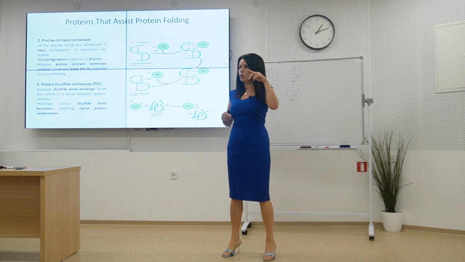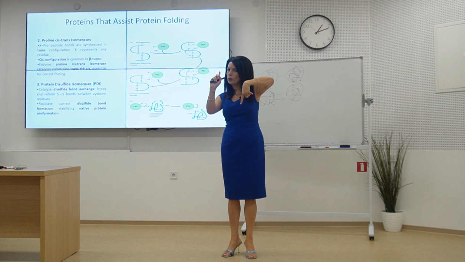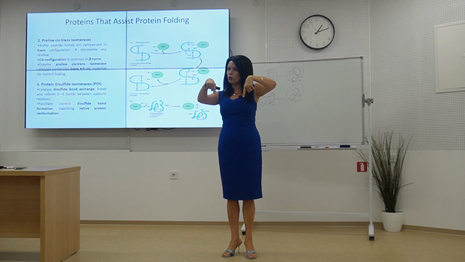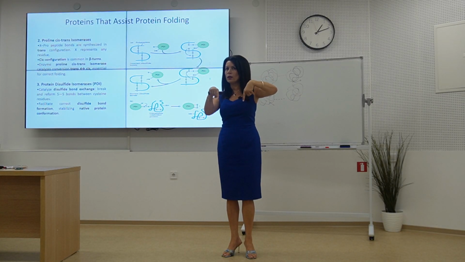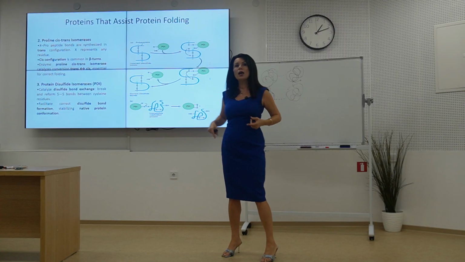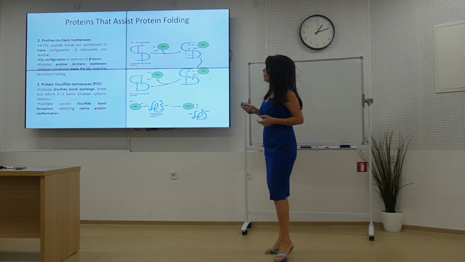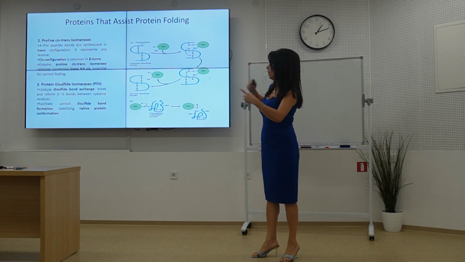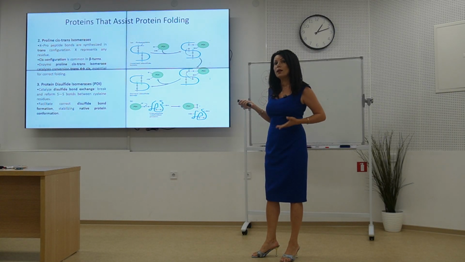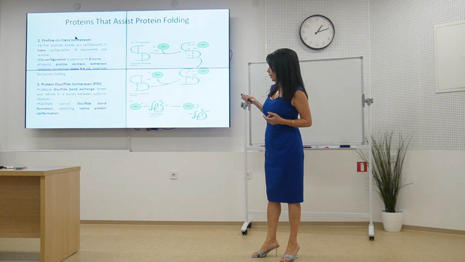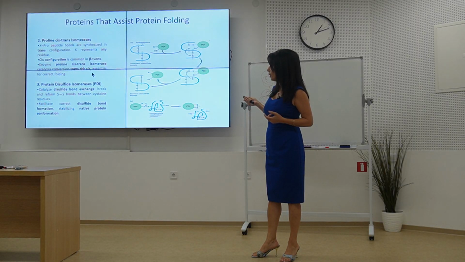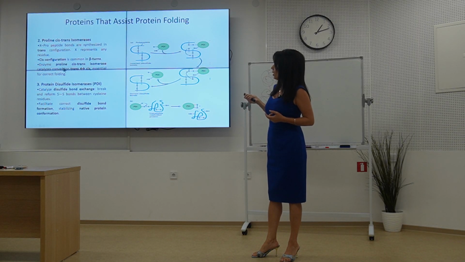Trans means that one residue is like that, the second residue is like that. Cis configuration means that the radicals of amino acids are located in one direction. These changes can be catalyzed by these enzymes from trans to cis and in the opposite direction. The cis configuration is common in beta cells.